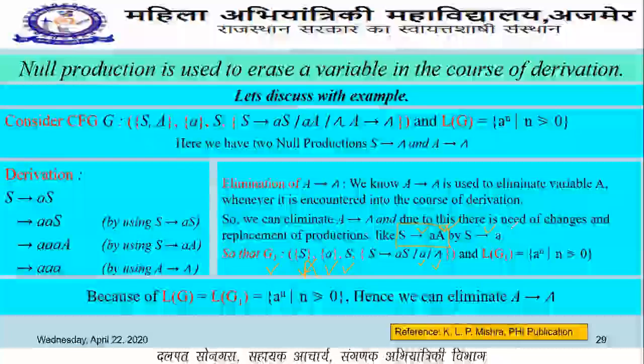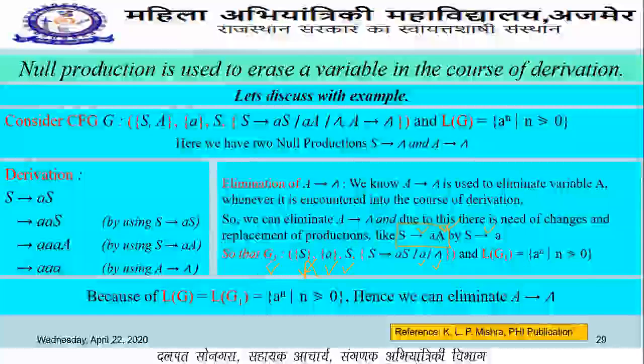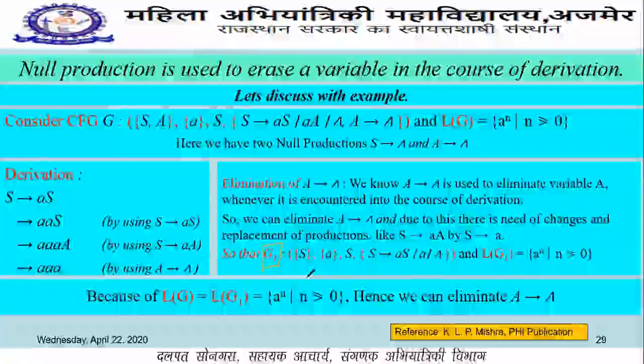In this grammar this may not be required, therefore we eliminate this production and also eliminate the variable A from the set of variables, but it is not for all grammars. We will discuss this situation later.